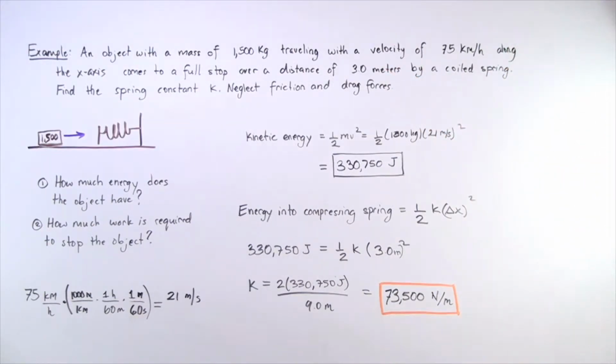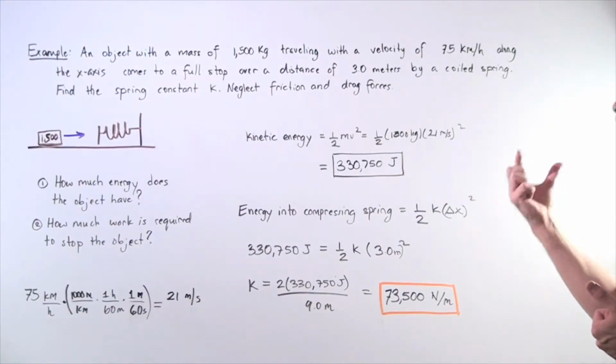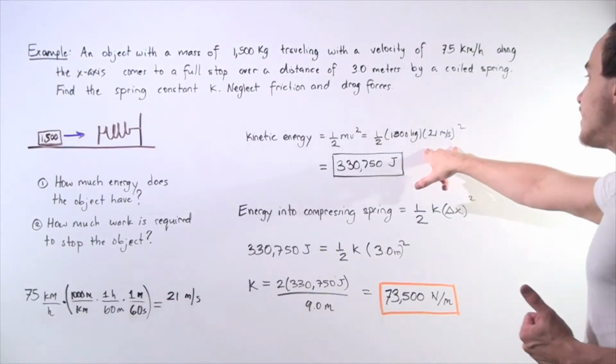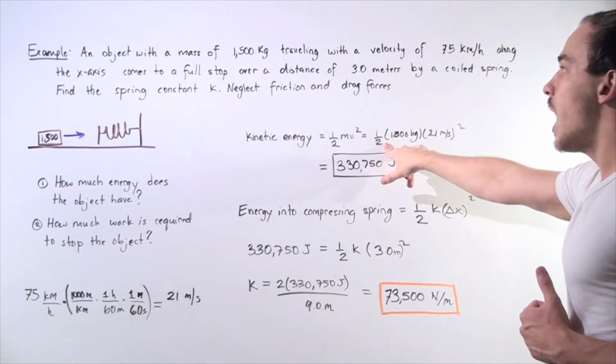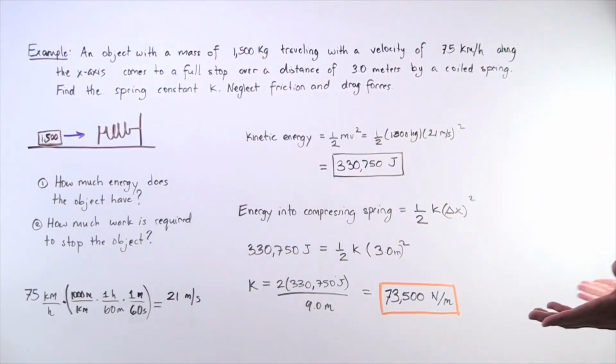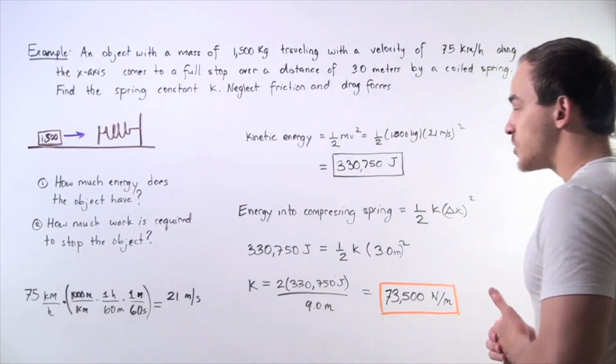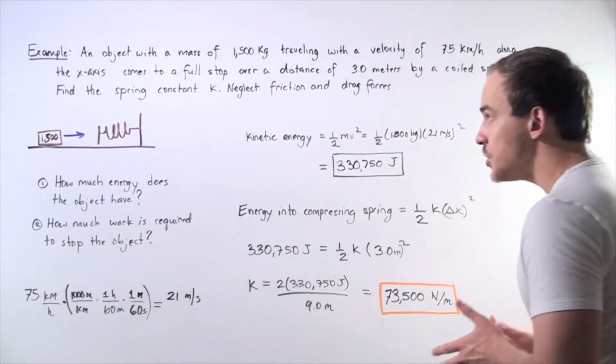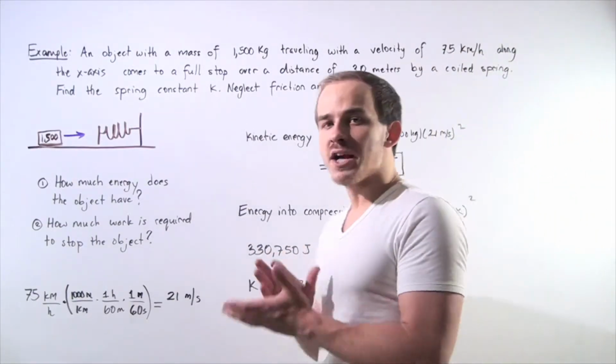We know our initial velocity is 21 meters per second. So we take the product of the square of the velocity and our mass of the object and divide that by 2, and we get approximately 330,750 joules of work.